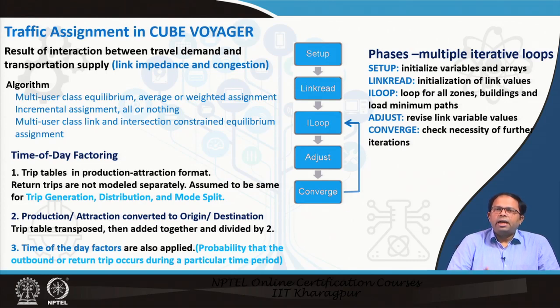First we add the return home trips, and then divide by 2, and then we arrive at what the flow is in each direction. Then we divide it as per the different time periods, and time of day factors are applied, which is basically the probability that the outbound or return trip occurs during a particular time period. Following survey data, we split the trips into different hours. Once we have done that, we are ready for assignment, and we can do hourly assignment in the network.